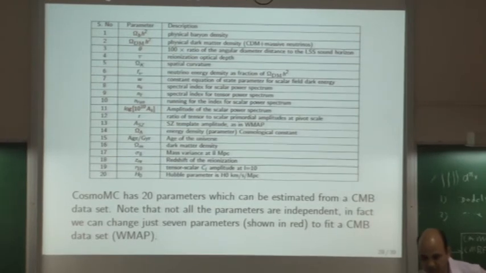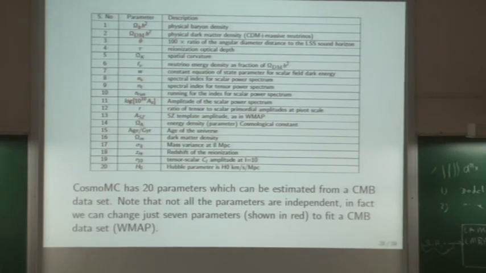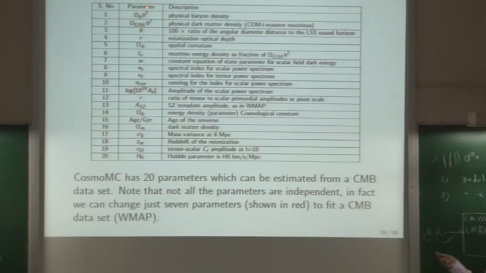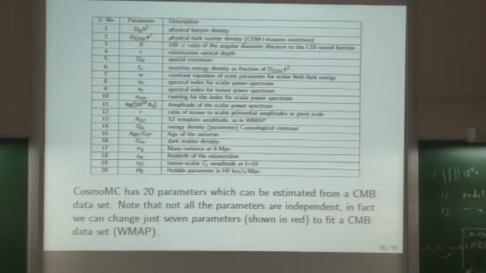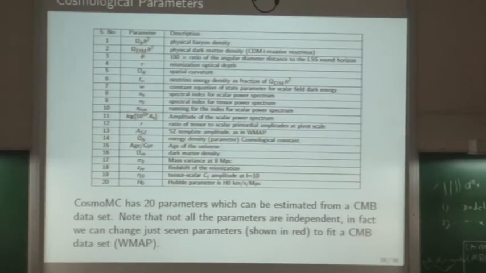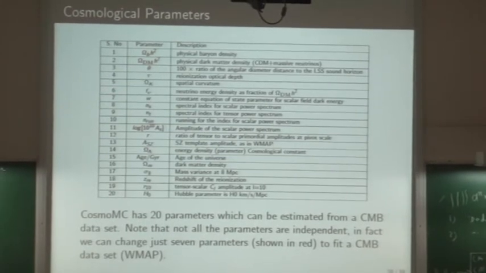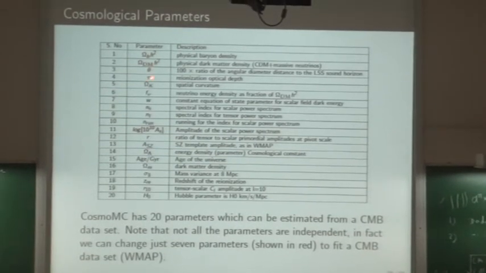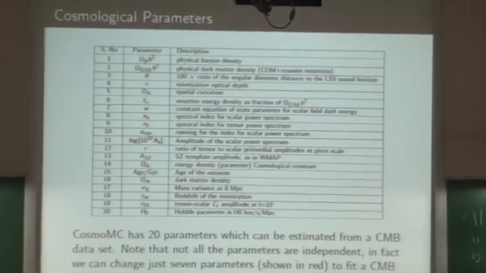And then what we finally get is something like this: these are the cosmological parameters. Okay. All of these parameters affect the theoretical CL. If you change one parameter, the theoretical CL will be different, and then you may not fit the observed CL, the CL hat, which I showed. There is the physical baryon density, the dark matter density, and theta.